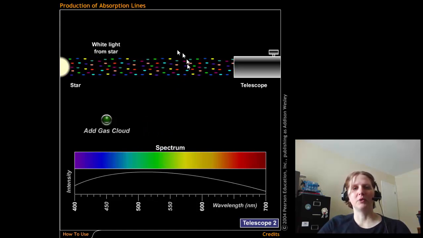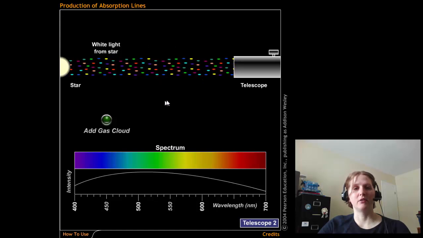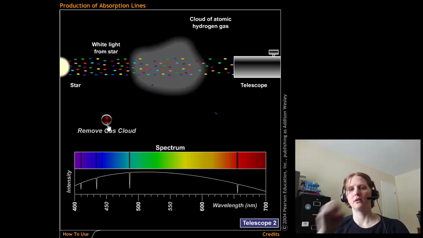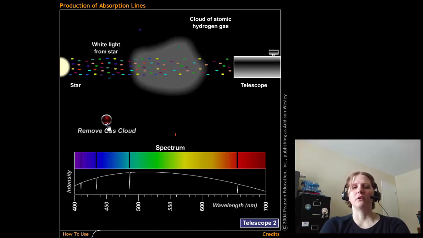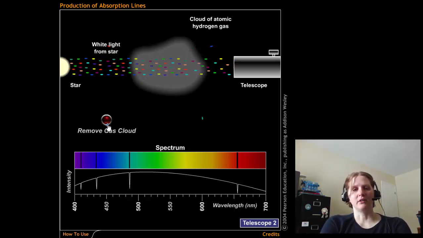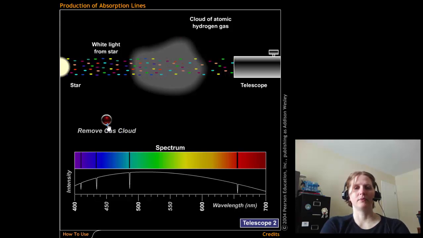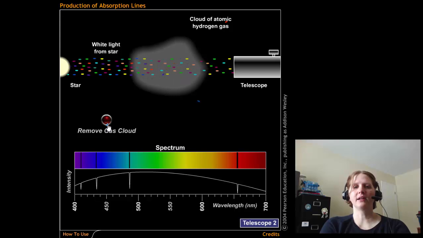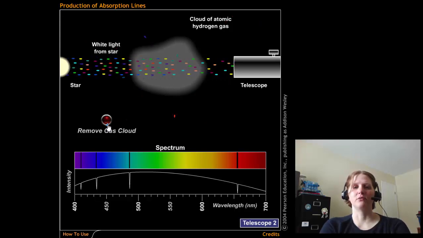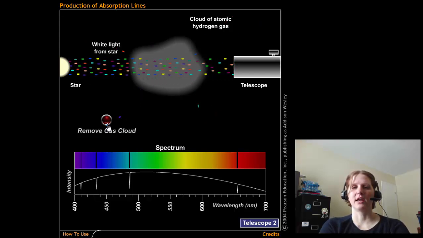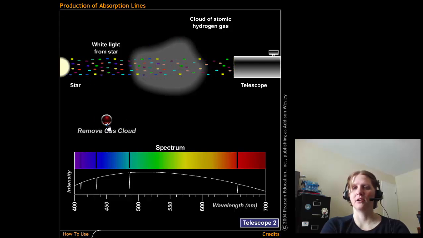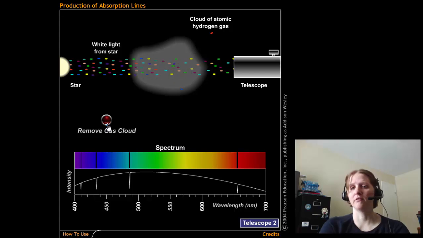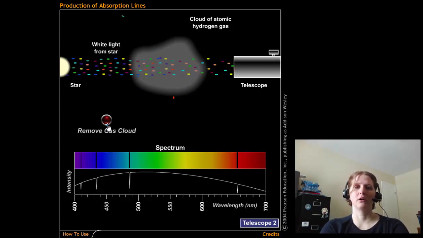If there were a nebula, a gas cloud, or an atmosphere in between us and the star, that gas cloud would only interact with the colors that it's allowed to. Remember the electron levels? That cloud of gas can only interact with light that has the perfect energy to move the electrons from level 2 up to 5 or 1 up to 4.